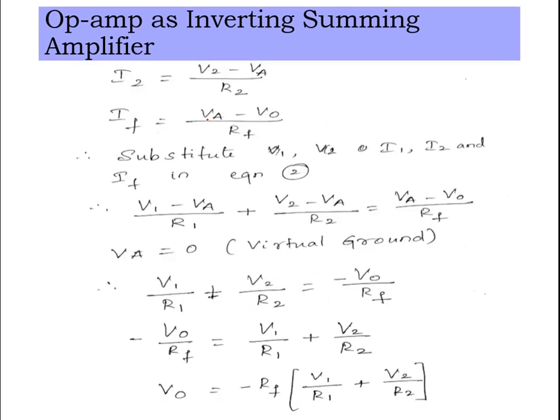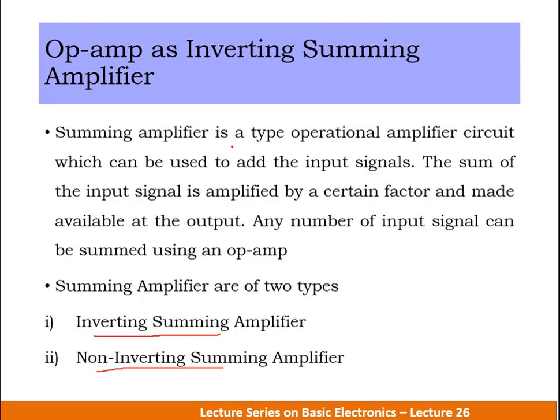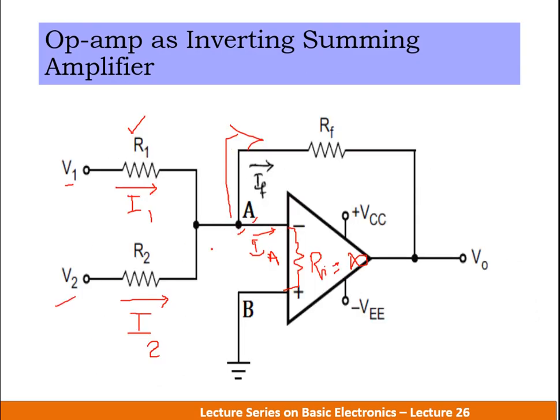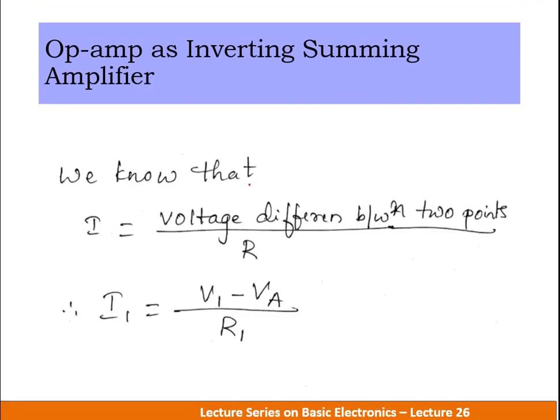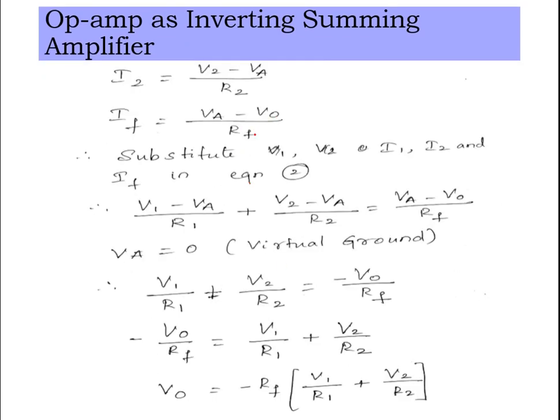Similarly I2 is equal to V2 minus VA divided by R2. Similarly, IF is equal to VA minus VO divided by RF.